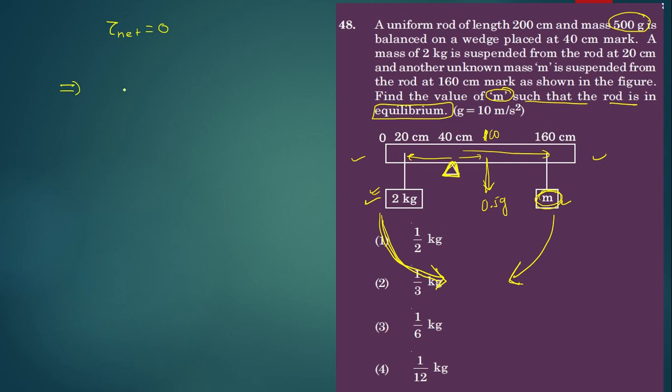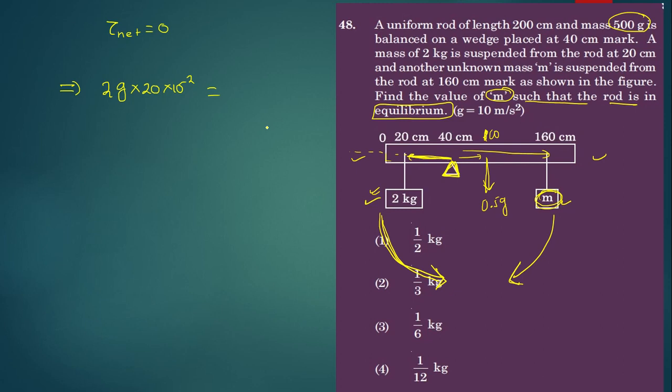Let us first calculate the torque due to 2 kg. It is equal to the weight of the body, which is 2g, multiplied by the perpendicular distance. In this case the distance is perpendicular because the angle is 90 degree. So this distance will be 40 minus 20, which is equal to 20, multiplied by 10 power minus 2, because it is given in centimeter.